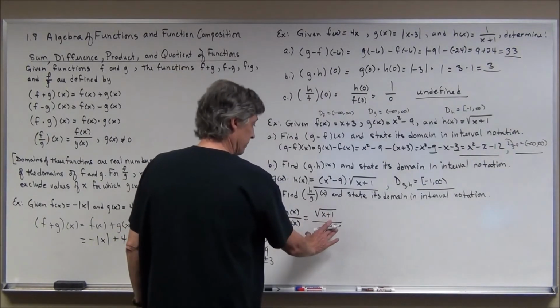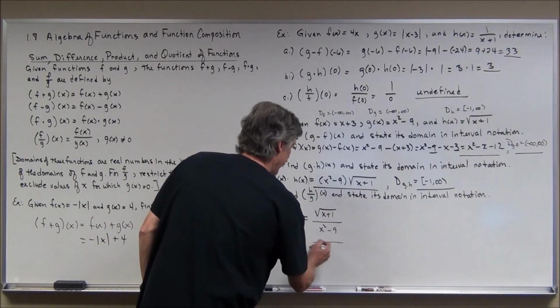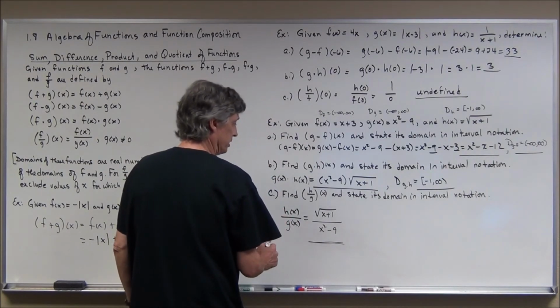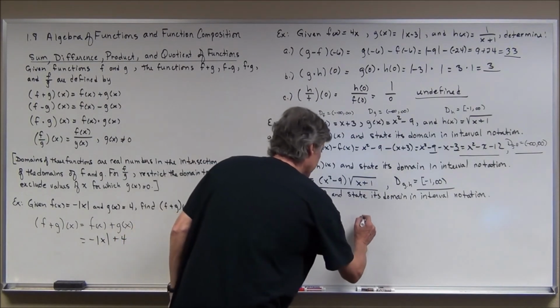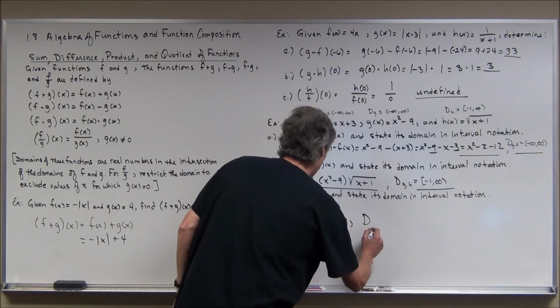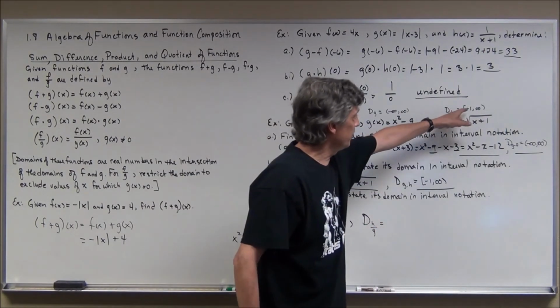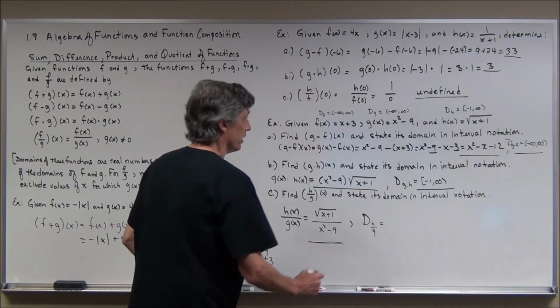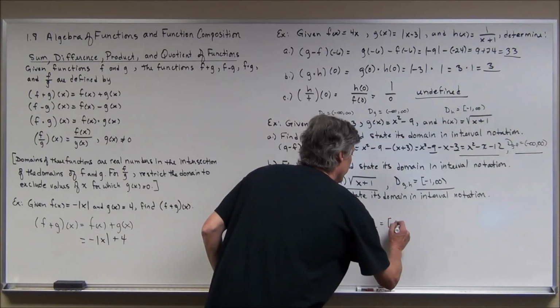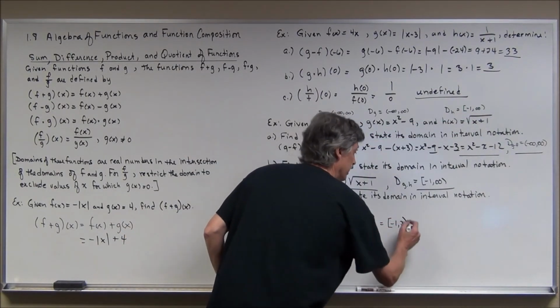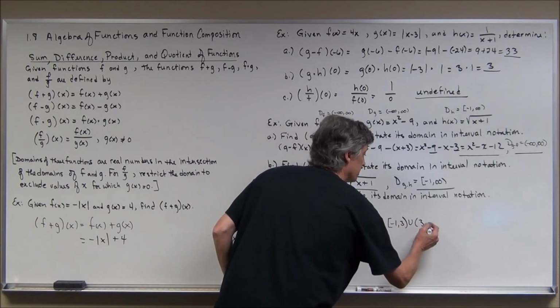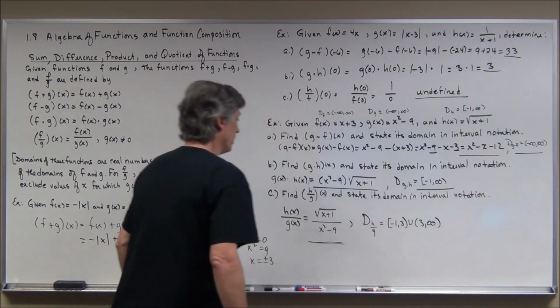So I can't really simplify this. This would be my answer for the h of x divided by g of x, but my domain of h divided by g would be all of these numbers here that's in h except for 3. So I would have to go from -1 to 3, parenthesis, and then from 3, parenthesis there, to infinity for its domain.